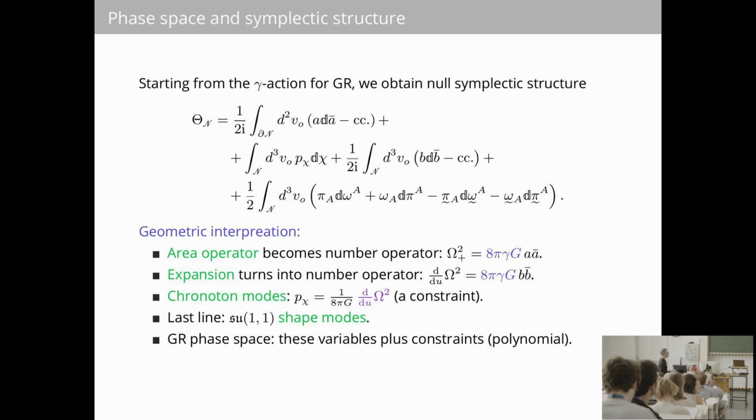We have an area operator for these two-dimensional cuts, which is really nothing but a number operator. This is phase space geometry. You don't need to understand all these details. So what it really means is that the area is A A dagger, a number operator.